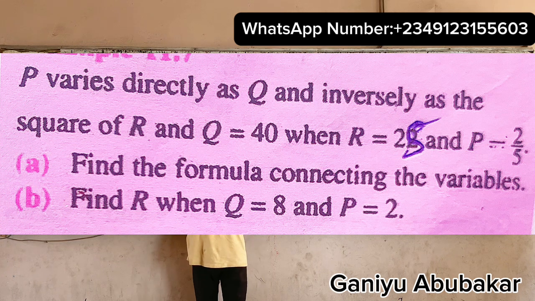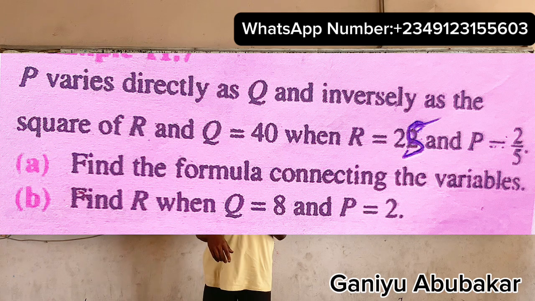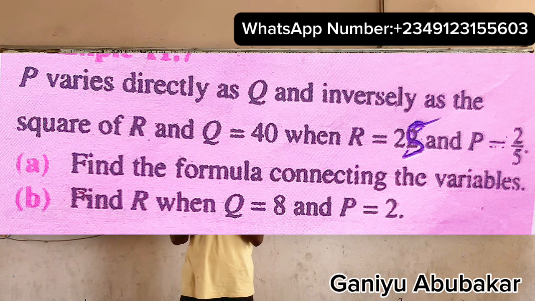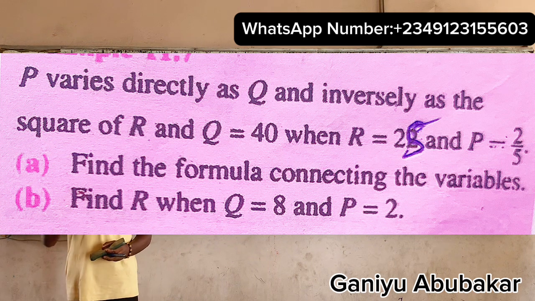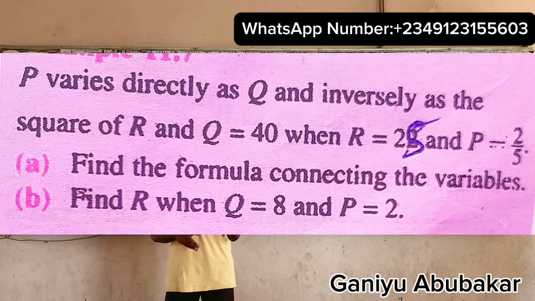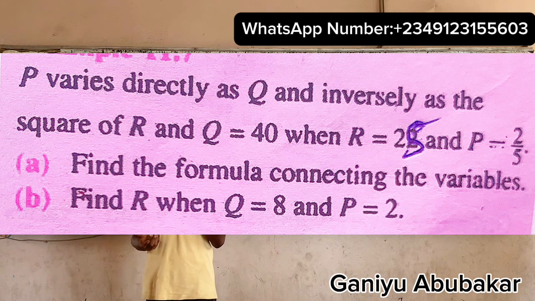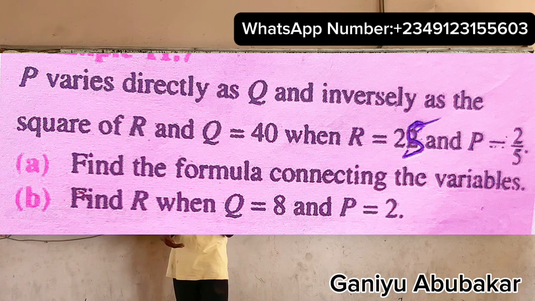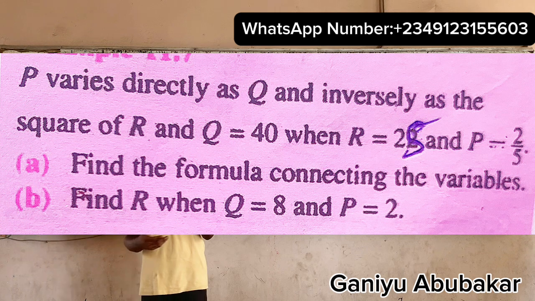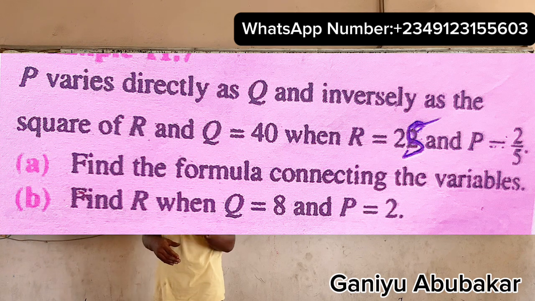Observe, it says P varies directly as Q and inversely as the square of R. You can see I have P, Q, and R, which makes it a joint relation. Q is equal to 40 when R is 25 and P is 2/5. Question A says find the formula connecting the variables. Question B says find R when Q is 8 and P is 2.